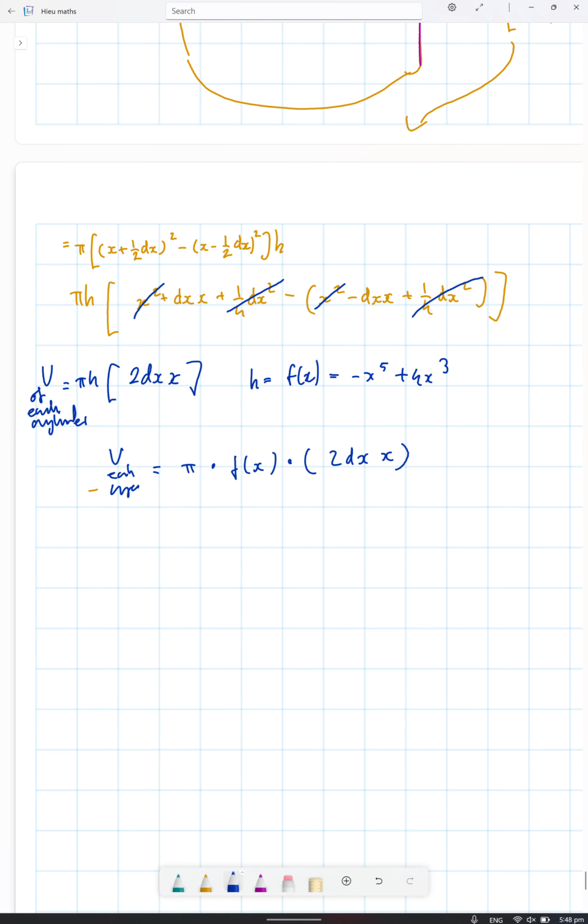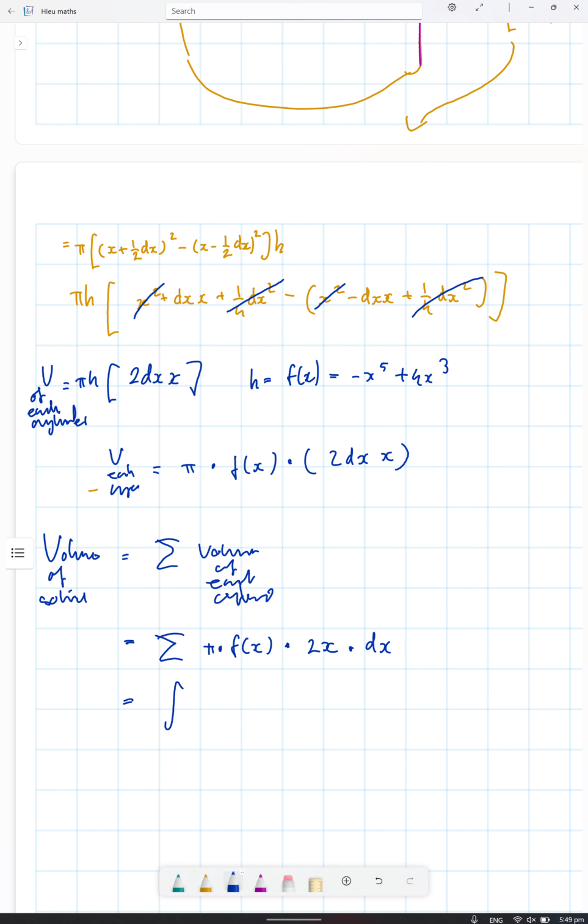And then remember that the volume of the solid is just the sum of the volume of each cylinder that we've made, and the volume of each cylinder is what we've done. So that's just the sum of pi times f(x) times 2x times dx.